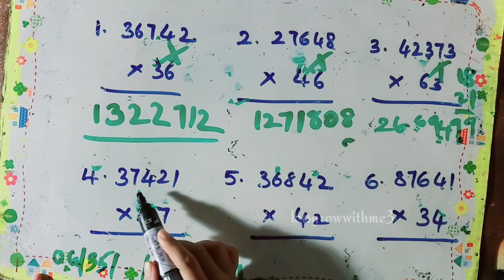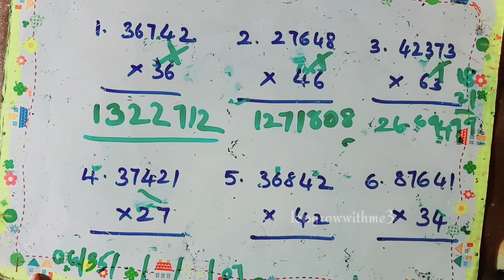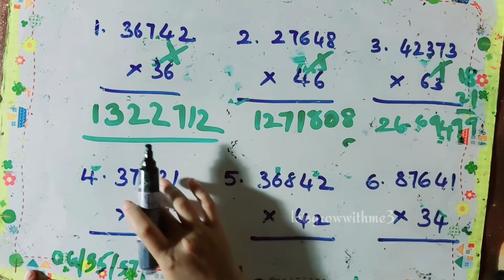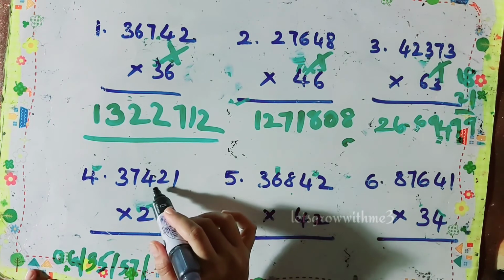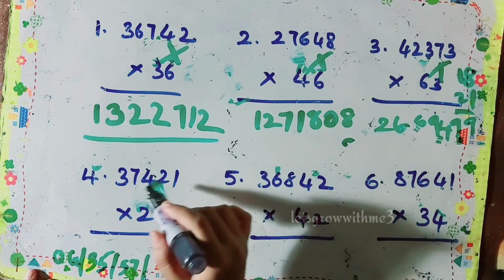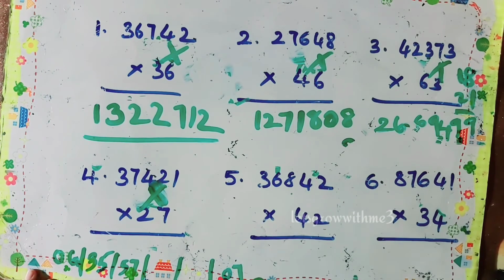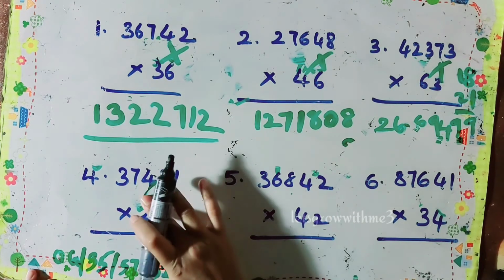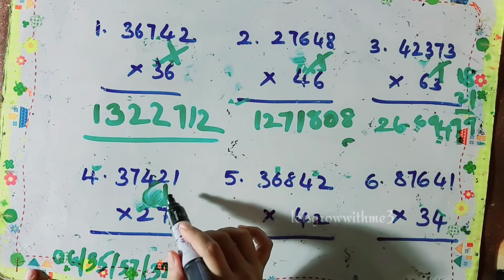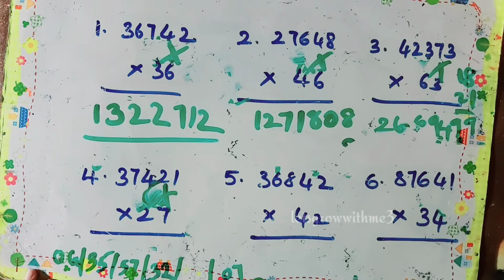Then for the next crisscross we need to leave 3, then 7 7s are 49 plus 8, which is 57. Then the next one, 4 7s are 28 plus 4, 32, and then 14 plus 2, which is 16.